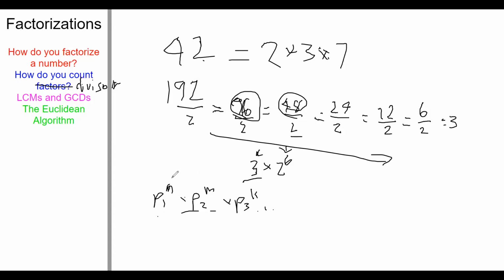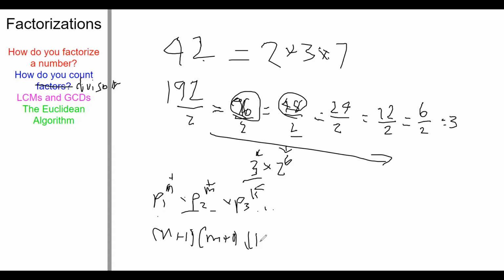These are all the exponents that we have for each prime factor. It doesn't matter what value they are. If a prime number doesn't exist in the factorization, then this exponent is just 0. And you simply take each exponent plus 1 and multiply them together. And this is the number of divisors.